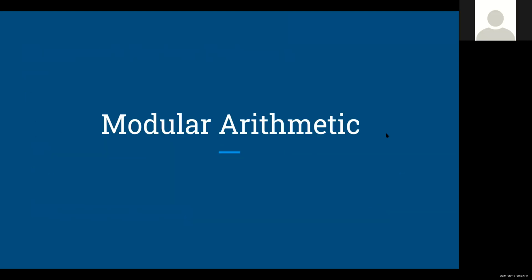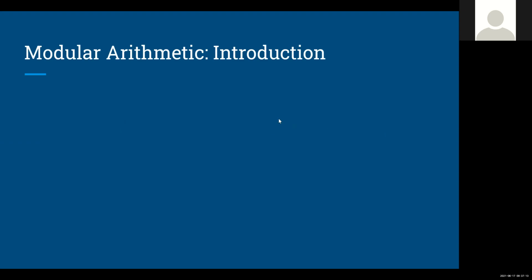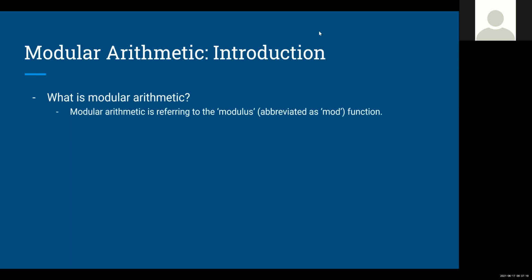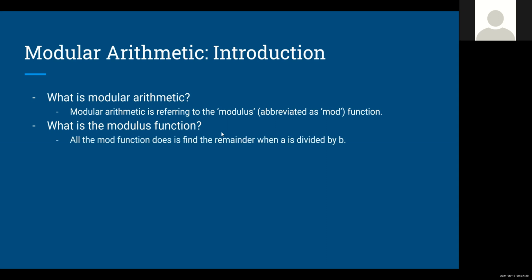All right, so we're going to be talking about modular arithmetic now. Modular arithmetic pertains to remainders, and it's called a mod function. So instead of saying modulus, you just say mod. The entire concept pertains to remainders and divisors.